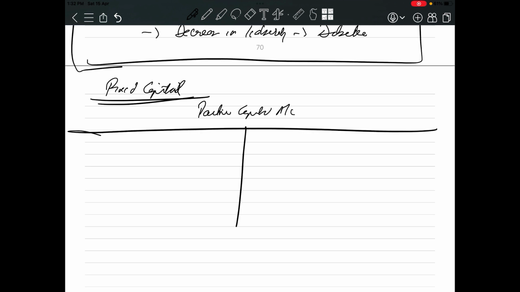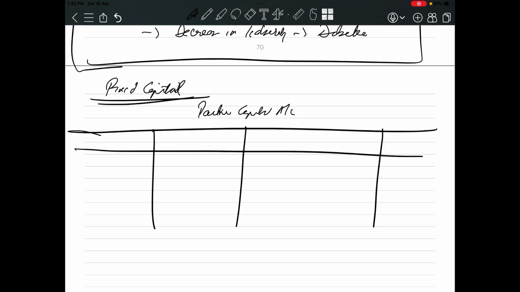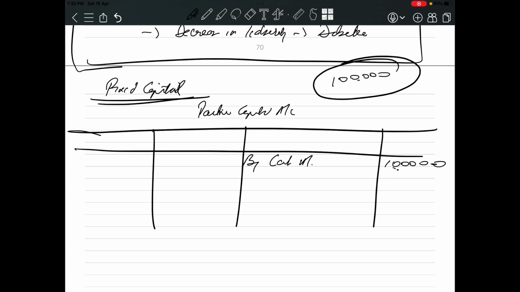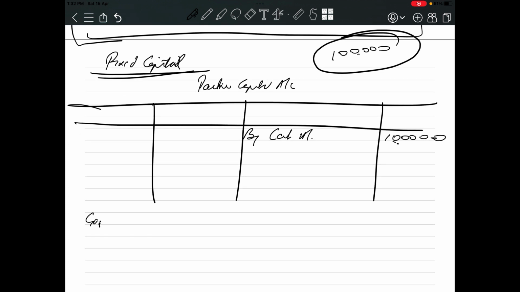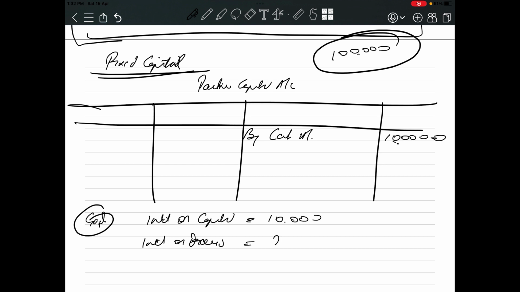Say for example the partner has introduced 1 lakh rupees as his capital, so his capital will be cash account. Let's say, as an example, interest on capital allowed to the partner is 10,000, and interest on drawings is 2,000.